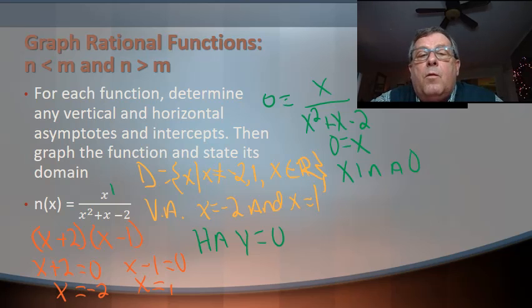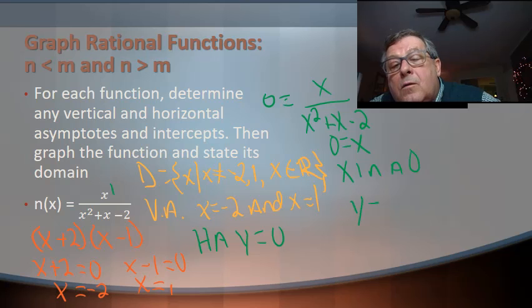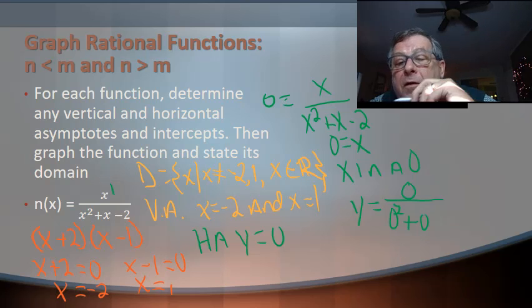And what about the y-intercept? If I'm going to do the y-intercept, I want to set all the x's equal to 0. So y equals, substituting 0 for x, 0 squared plus 0 in the numerator, and negative 2 in the denominator.